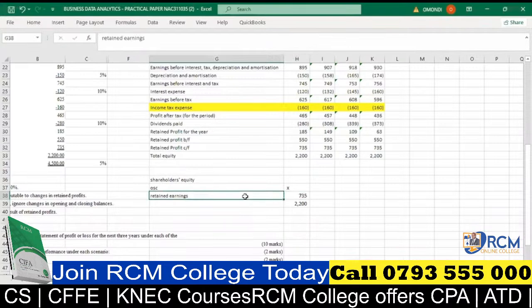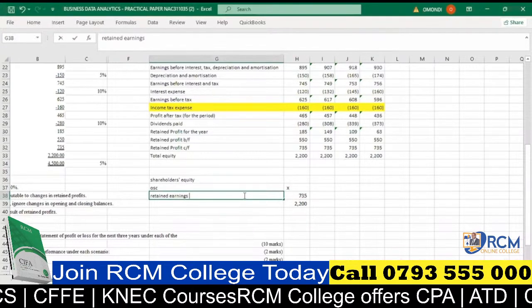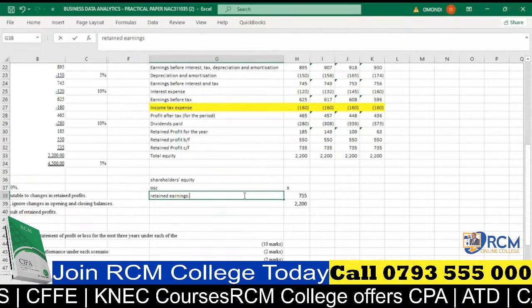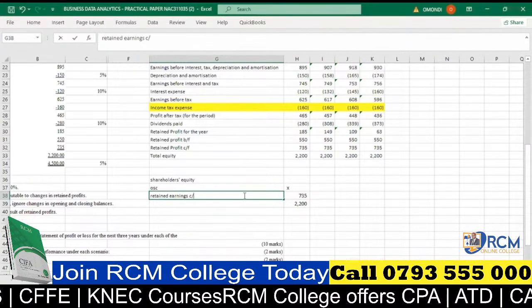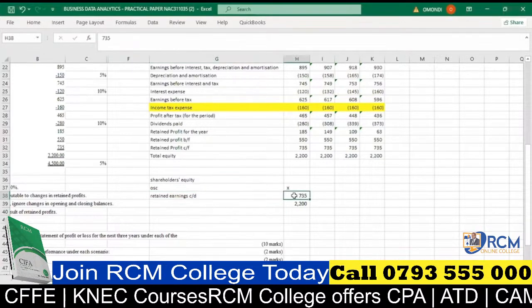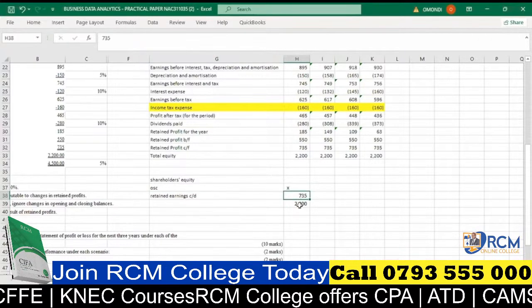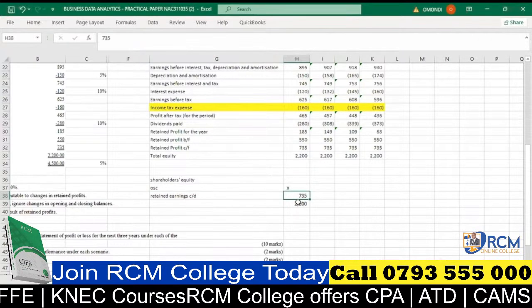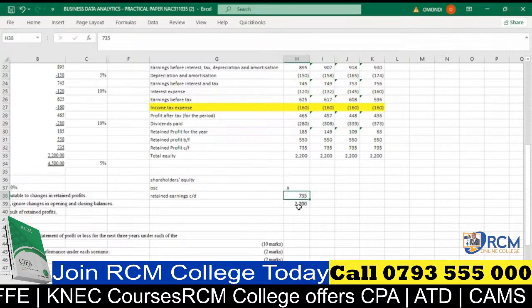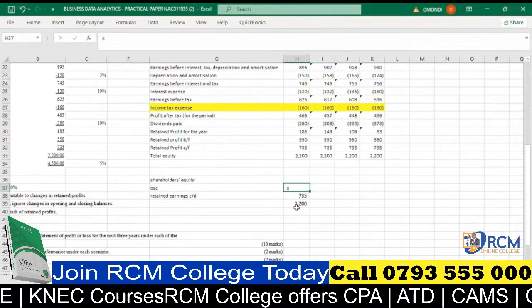The retained earnings we are referring to here, which is supposed to be brought to the statement of financial position, is the retained earnings carried down or carried forward. So it is 735. So what should I do to 735 to get 2,200? Which figure am I going to insert here to help me get 2,200?